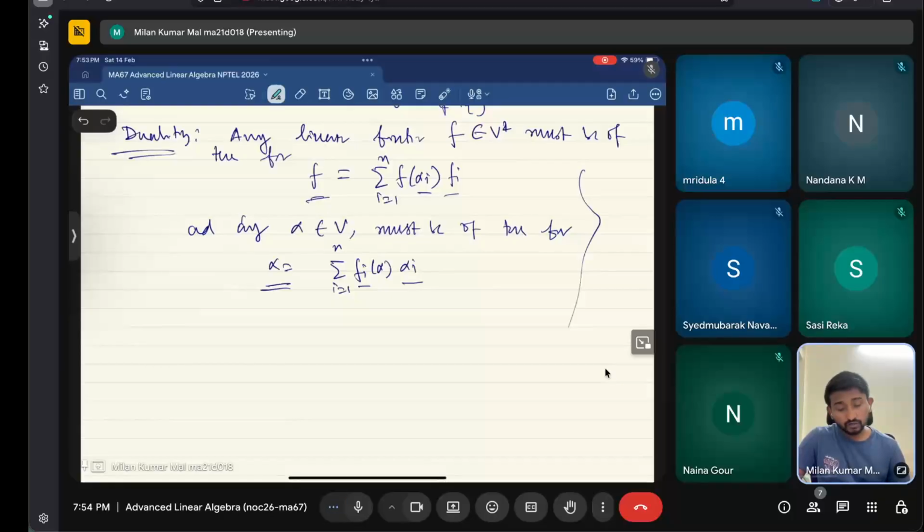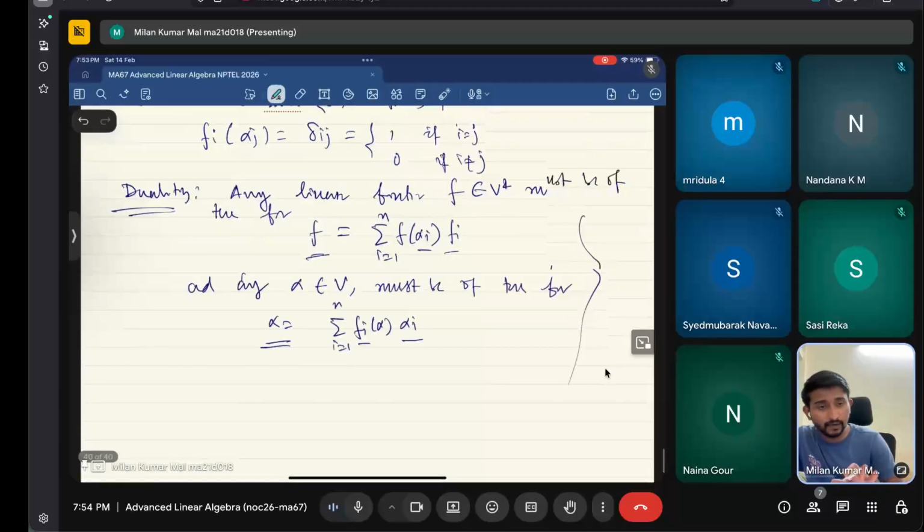So now, how do we get the dual basis? Here it is given as a, b, c. Let me first find this.